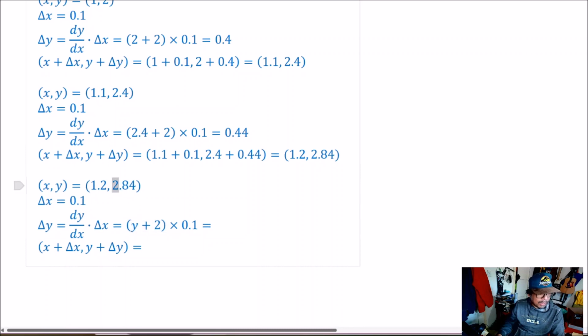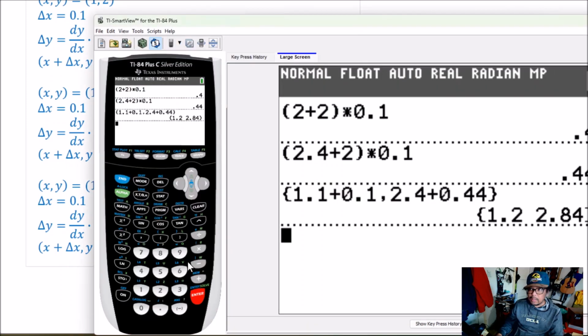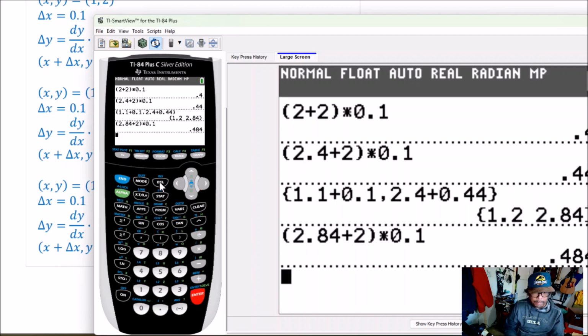And my current y coordinate is 2.84. So 2.84 plus 2, and we multiply that by 0.1. That gives me 0.484 for my delta y.